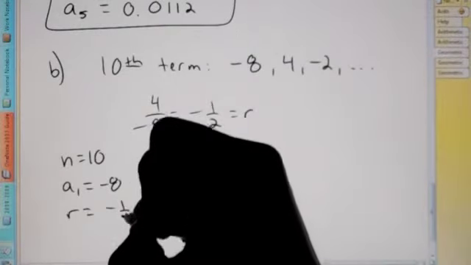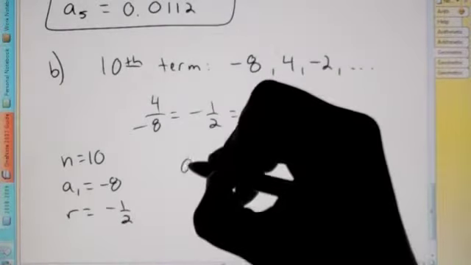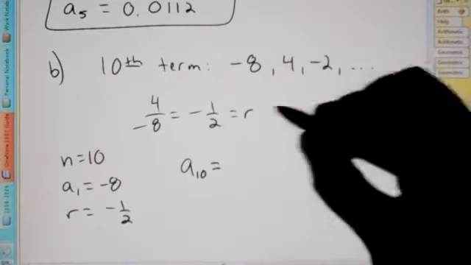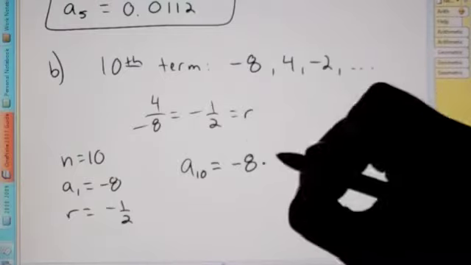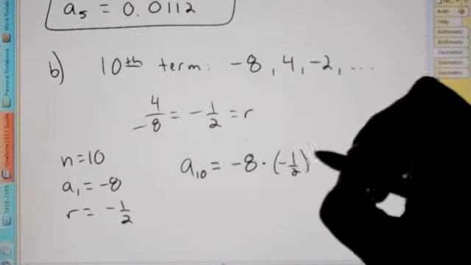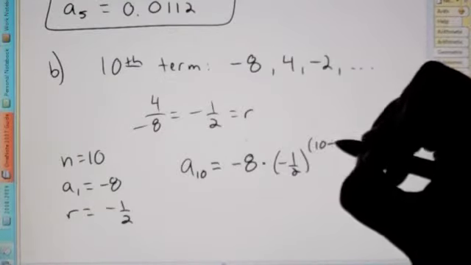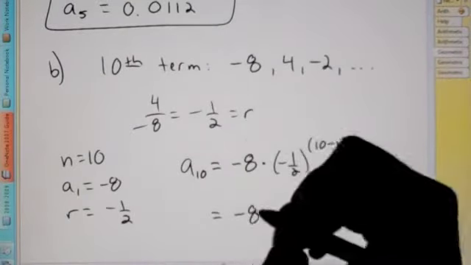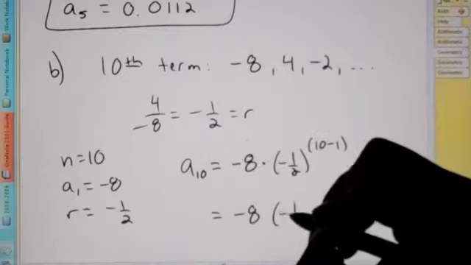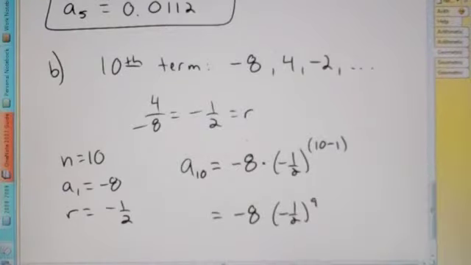Okay? So, a sub 10, our 10th term, is our first term, -8, times our ratio, which is -1/2, to the 10 minus 1. So really, that's -8 times -1/2 to the 9th power.